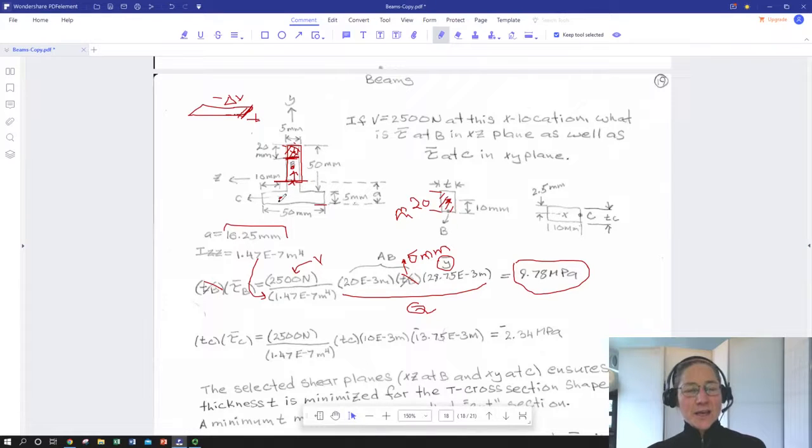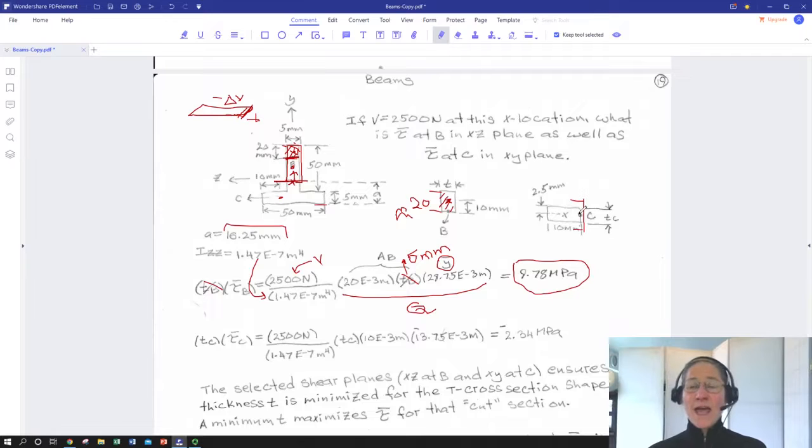So let's look at what's going on at C. Now this is where we really have to think in terms of turning ourselves at right angles. We're going to make a cut at C that's basically going to be in the yx plane.